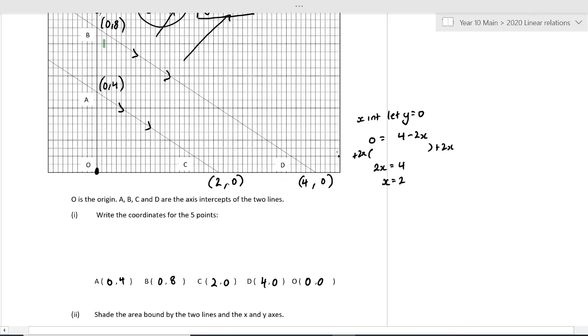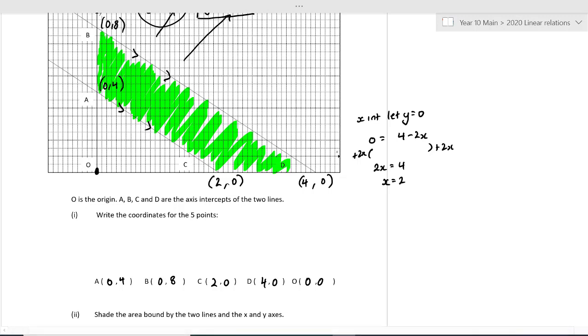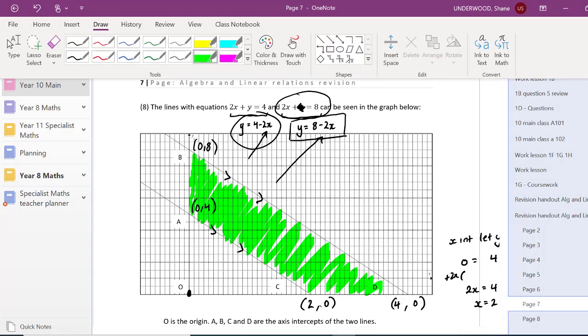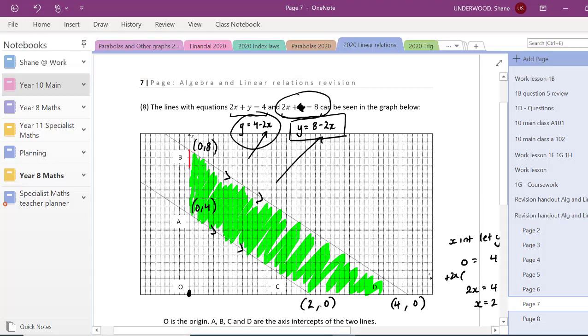So what we're looking at is this shaded region here, the area between the two lines. Well, how would you find this area? We've got a big triangle here, that triangle.